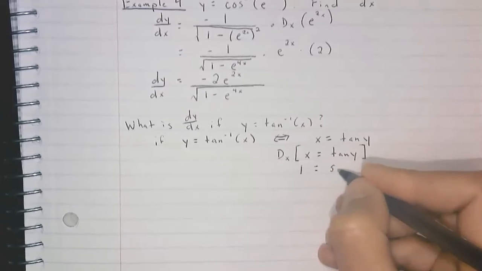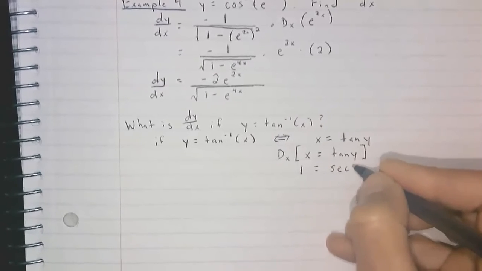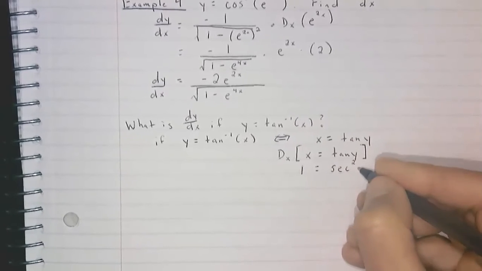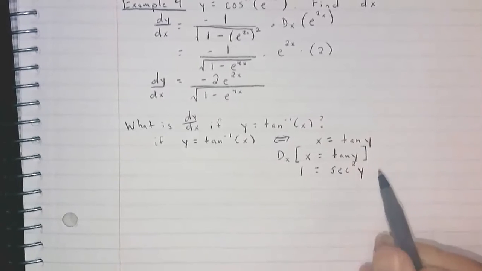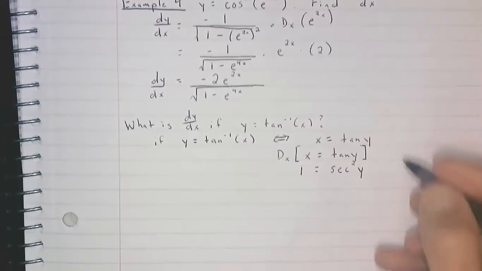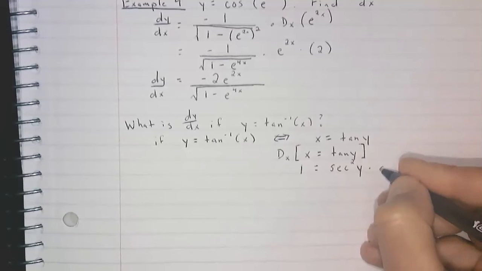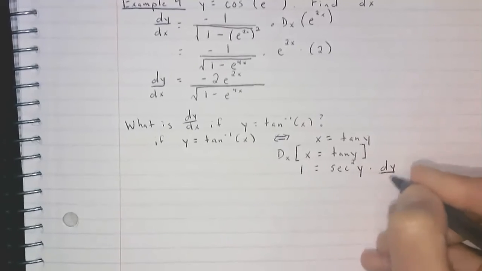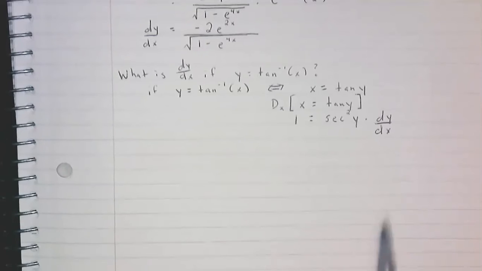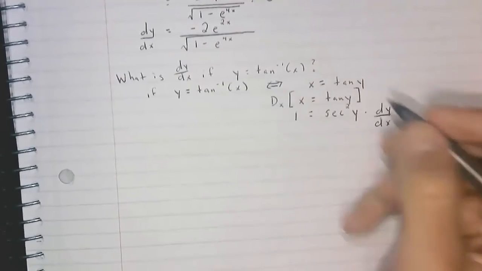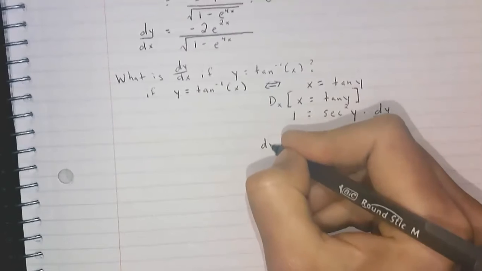Secant squared of whatever. Well, whatever is y, a function of x, which chews up the chain rule and spits out dy/dx. Oh, that's what we're looking for. That's nice, kind of.